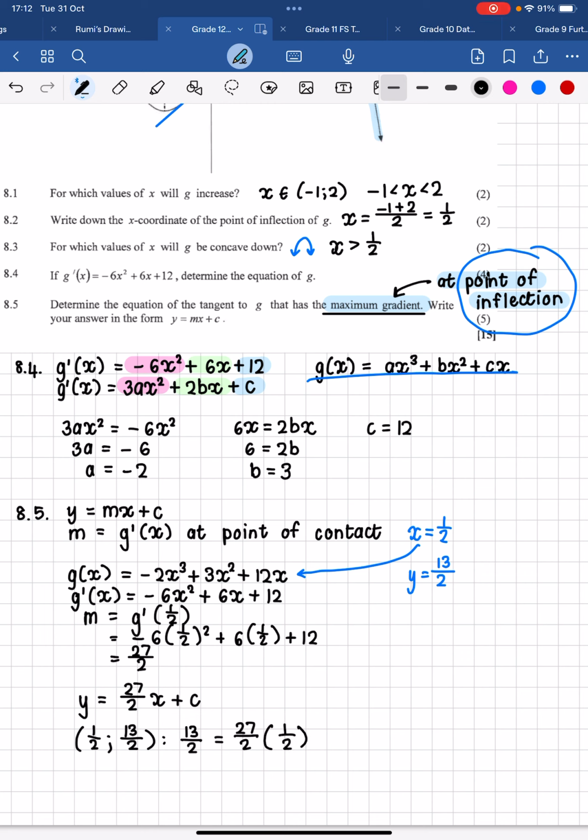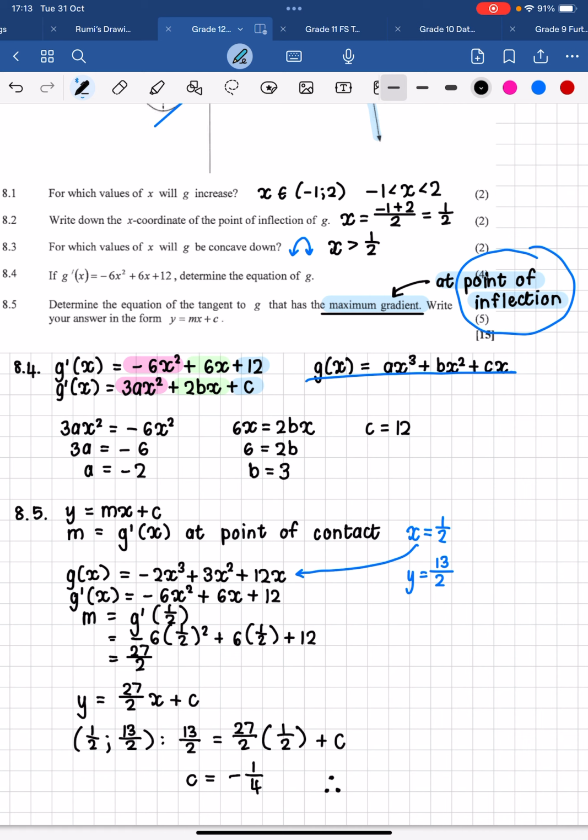Now to get c on its own, you just need to minus that whole term. So c is going to be equal to, let me quickly work this out. I don't trust myself to do all these calculations in my head now. Negative a quarter, there we go. So therefore the equation of the tangent with a maximum gradient is y equals 27 over 2x minus a quarter.